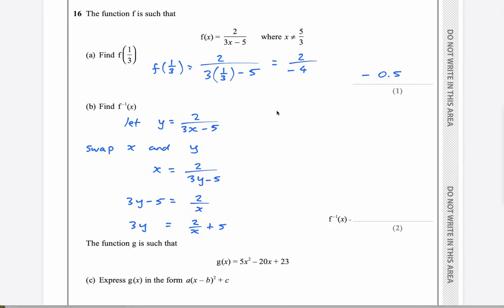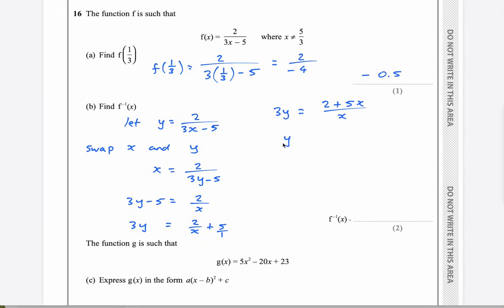Okay, up here, guys, I'm actually going to just rearrange this to make it 2 plus 5x over x. Now all I did there is I added, it's like adding fractions. So the common denominator would be x, so I have to multiply the 5 by x to put it over x.